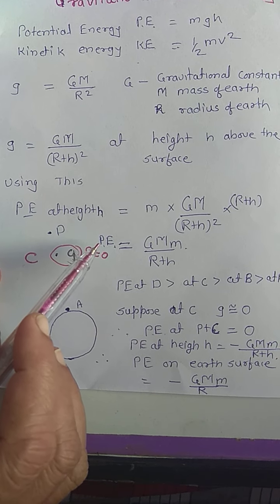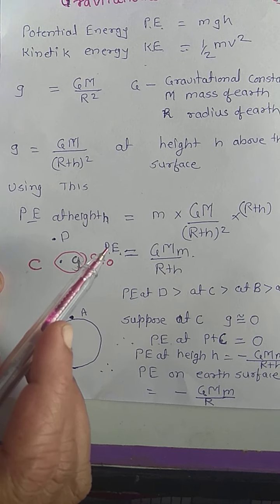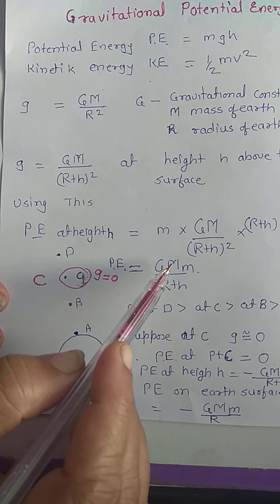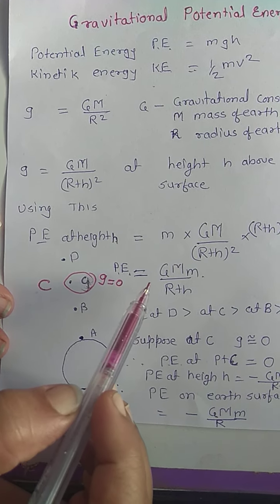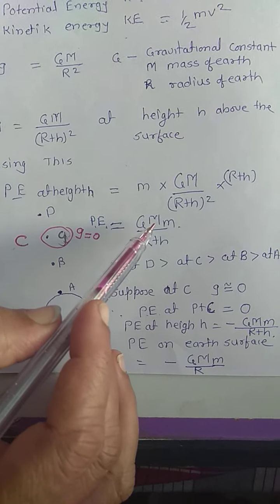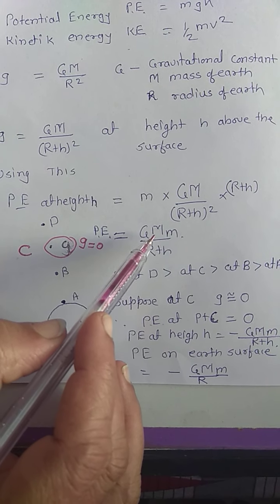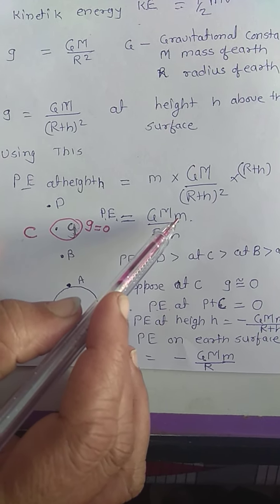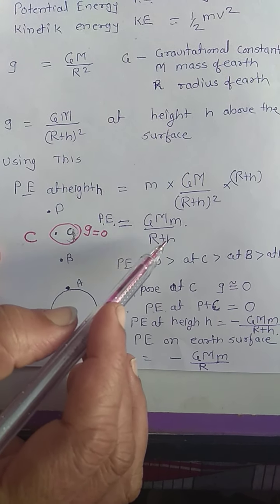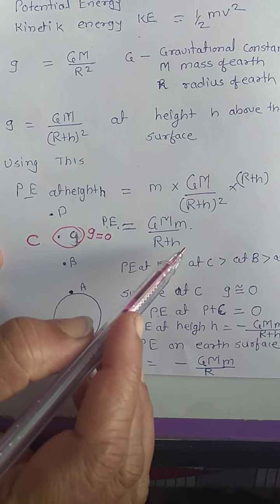That is, PE of any object above earth's surface is given by GMm upon (r plus h), where G is gravitational constant, M is mass of earth, small m is mass of object, r is radius of the earth, h is height of the object.